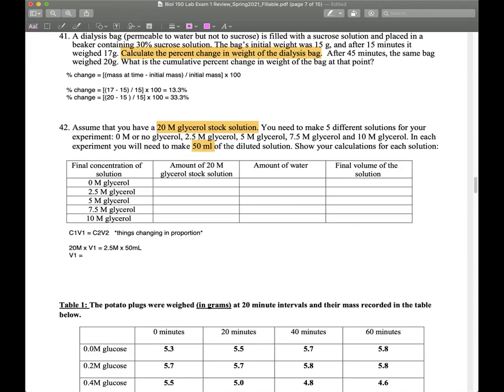So V1 is going to equal 2.5 times 50 divided by 20. 6.25. Yes, that will be 6.25 milliliters. So that's what we would put here.